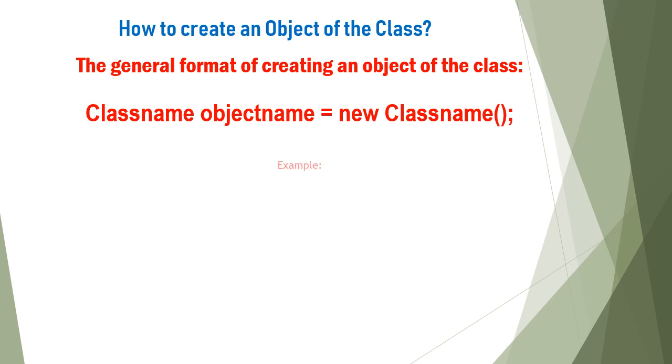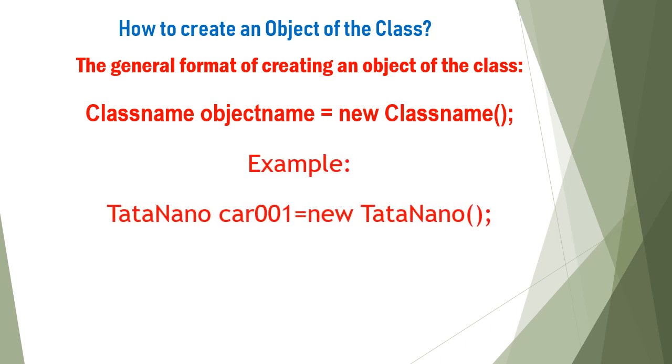For example, TataNano car001 = new TataNano(). Here TataNano is the class name, car001 is the object name, new is the keyword, and TataNano is the class name.